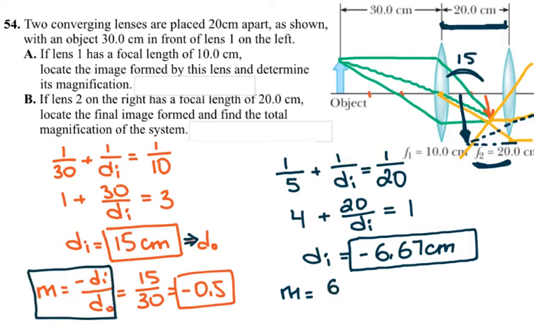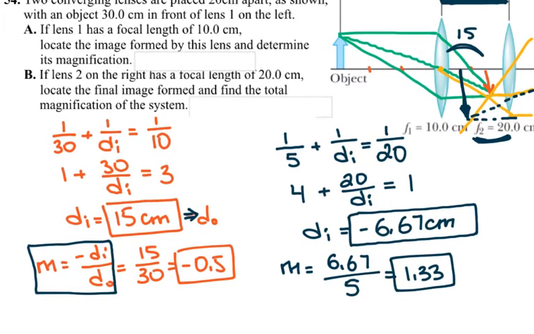So that is 6.67 over the distance of the object, which is 5, and that will give me positive 1.33. And the total magnification for the problem is m1 times m2. So that is negative 0.5 times 1.33, and that will be negative 0.665.